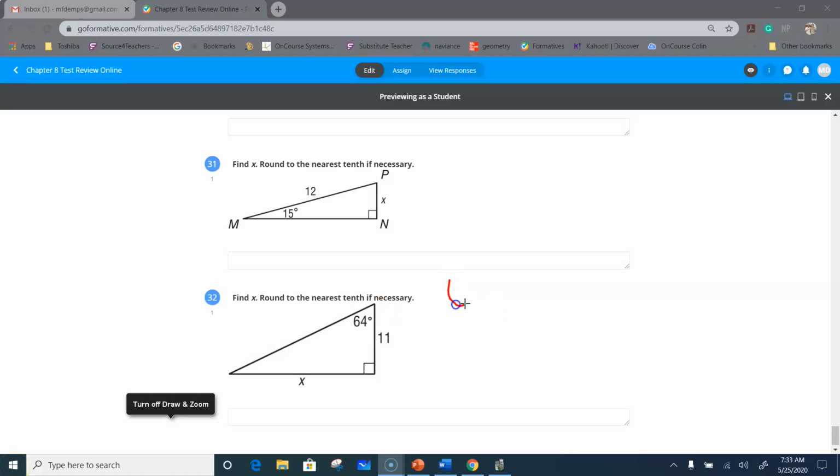We're going to say that the tangent of 64 equals the opposite from 64. The side that's opposite to 64 is the x, and the adjacent side is the 11, so he's going to go in the bottom. It's the opposite over the adjacent for tangent.